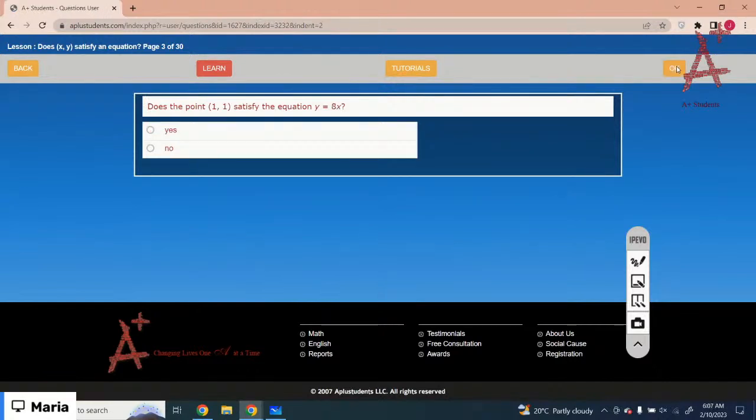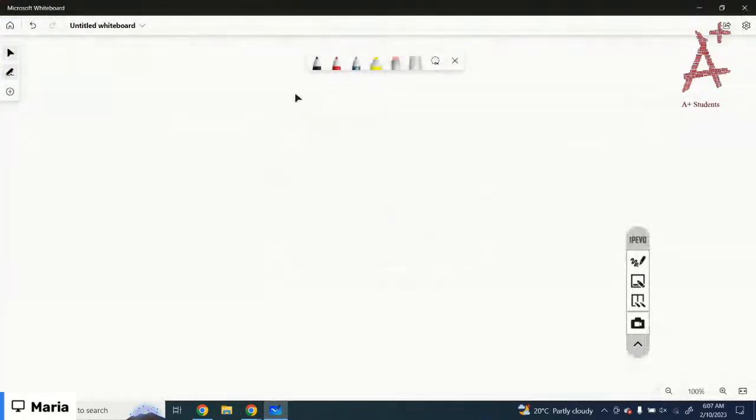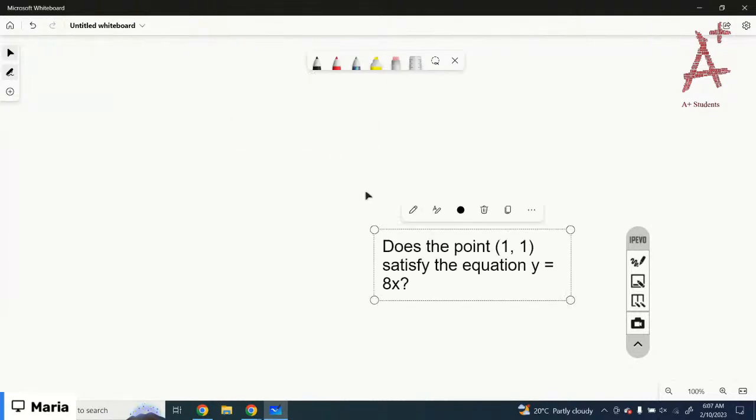Okay, the next one is, does the point (1, 1) satisfy the equation y equals 8x?